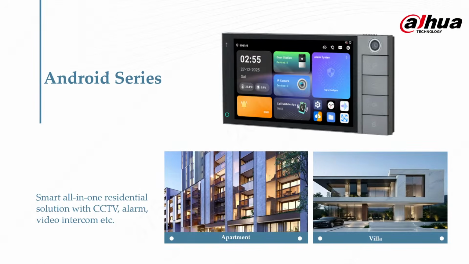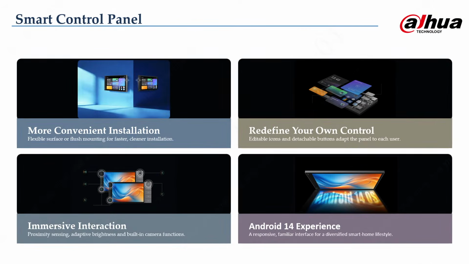If we're talking about fancy VTHs, I need to mention this smart control panel called SCP shortly. This is ideal for villa and apartment solution also. Okay, what is the benefit of this smart control panel?